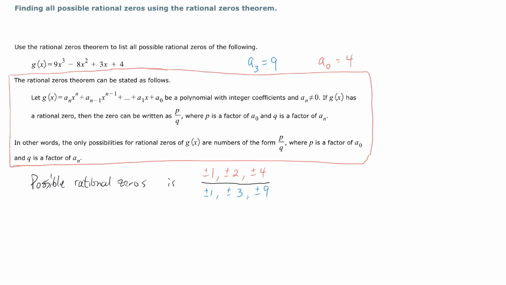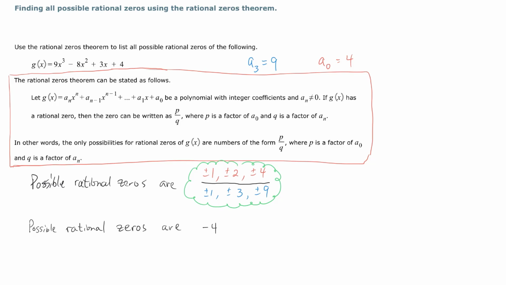Let's see what our possible rational zeros are. By the way, this is going to be in a bubble because this isn't correctly written. The possible rational zeros from our bubble are, what is our lowest rational zero? It looks like negative 4.